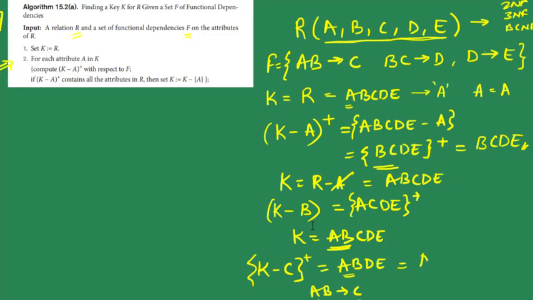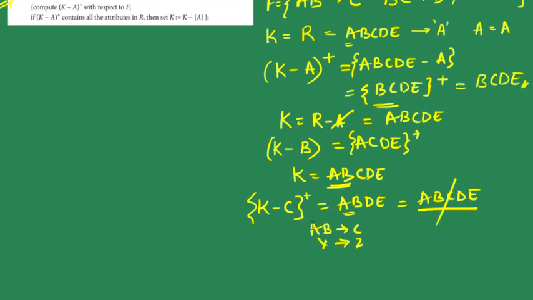So in that case, it will become A, B, C, D, E. And you see that the K minus C plus contains all the attributes of R, and hence you can remove C from here. So that is what the new key will now be, A, B, D, E.